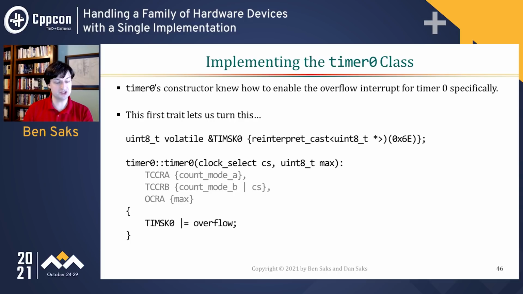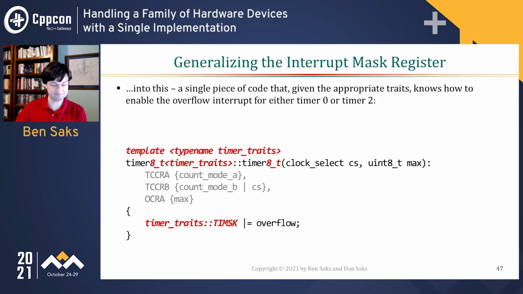And our code is going to change from this into this. So the red is highlighting the differences here. It's now a class template, so we have the template boilerplate at the top. The name of the class is now slightly different, so we need to refer to it that way.